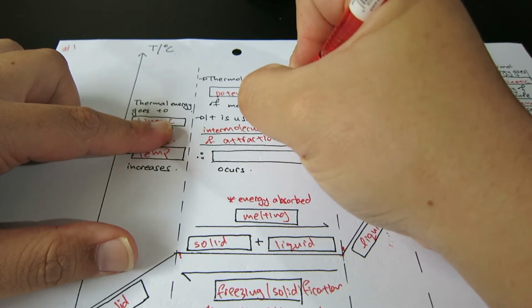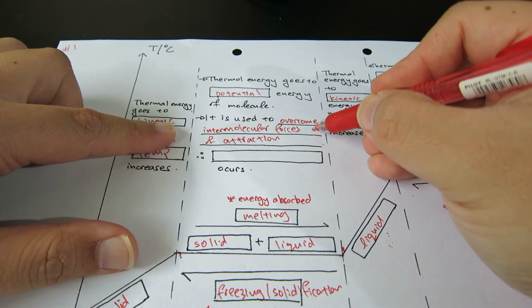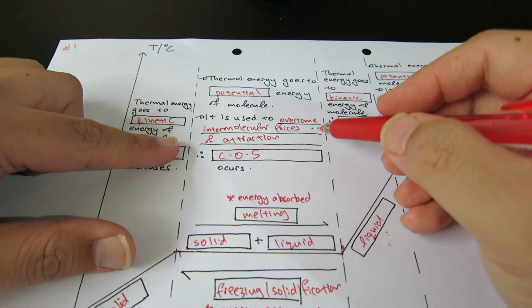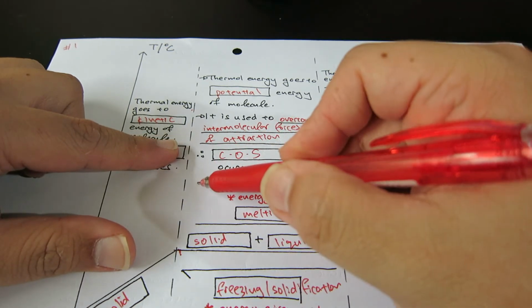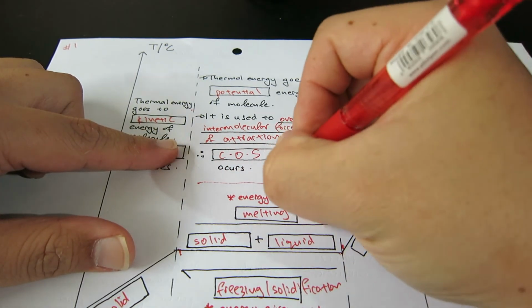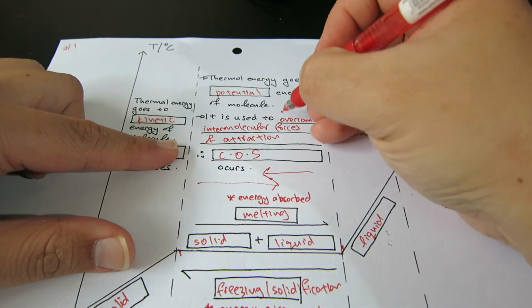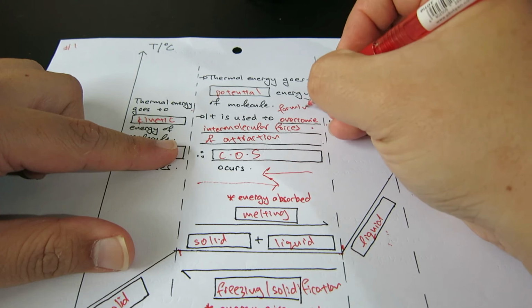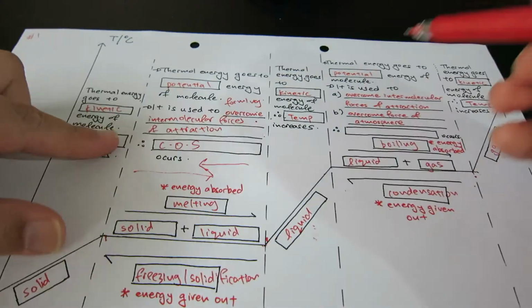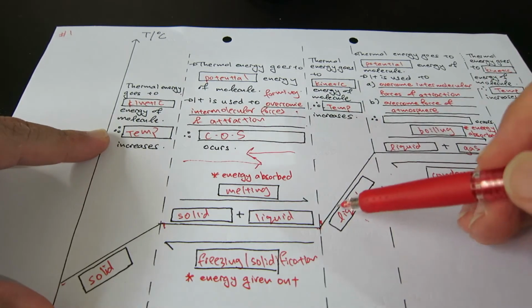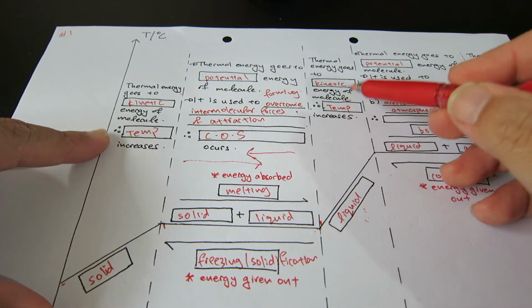And when you are overcoming these intermolecular forces of attraction, then you have a change of state occurring. Overcoming is if you are going this way, meaning you are increasing temperature. If you are cooling it down, then we say we are forming intermolecular forces of attraction. I won't go into this because it's still the same thing as over here. Whenever I increase the temperature, it goes into the kinetic energy.